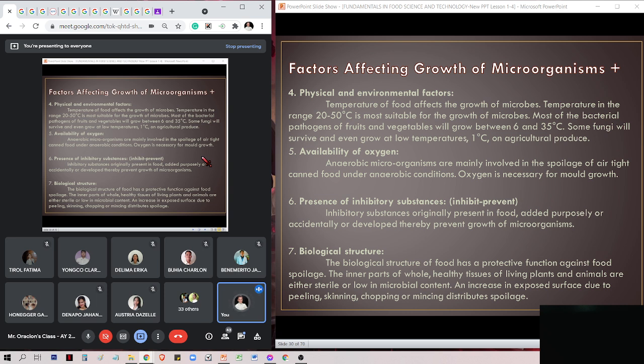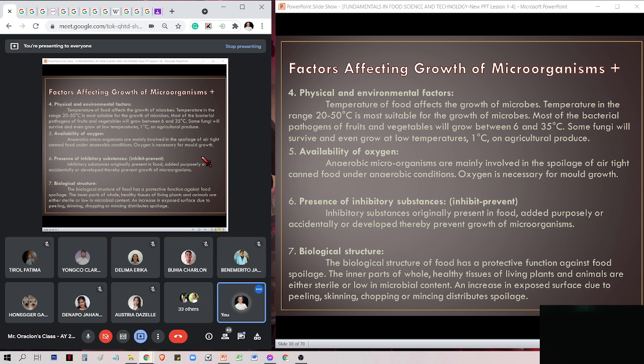We have here number seven, biological structure. When we are talking about biological structure, it is the natural structure. The biological structure of food has a protective function against food spoilage. We look at the natural appearance and natural structure upon harvesting. The inner parts of whole healthy tissues of living plants and animals are either sterile or low in microbial content.